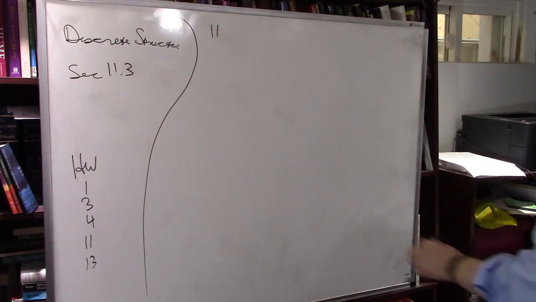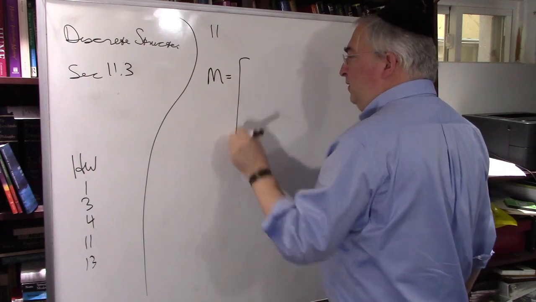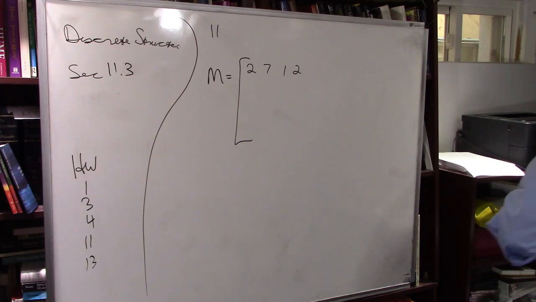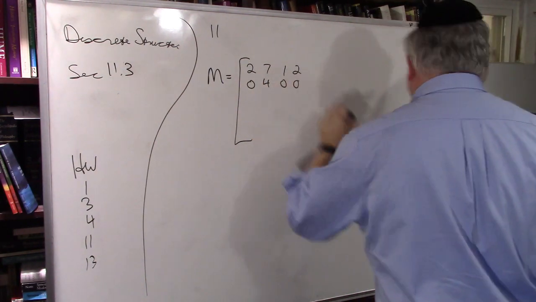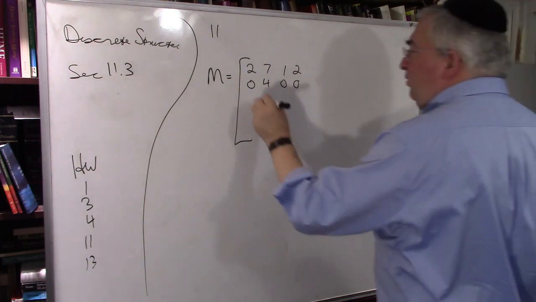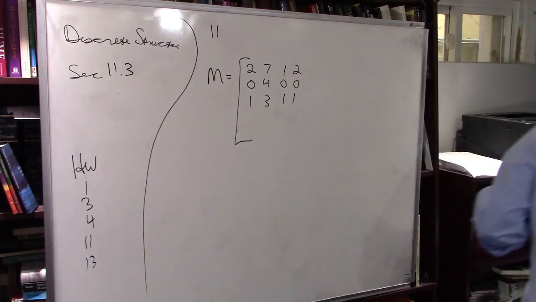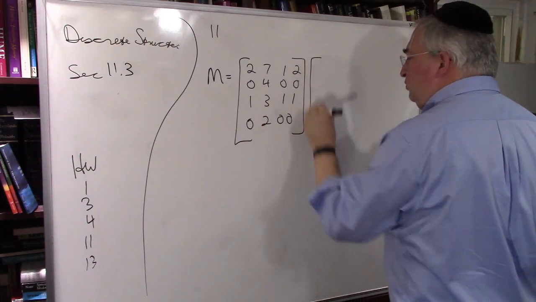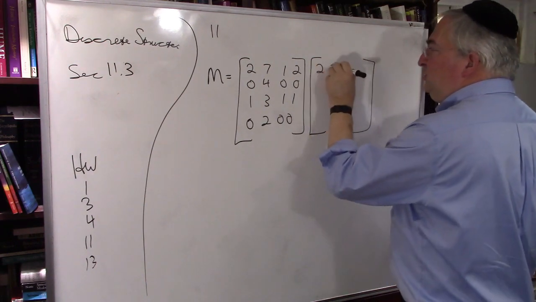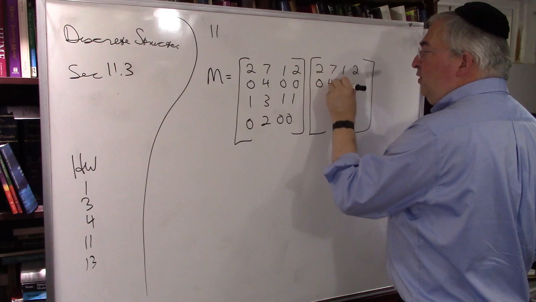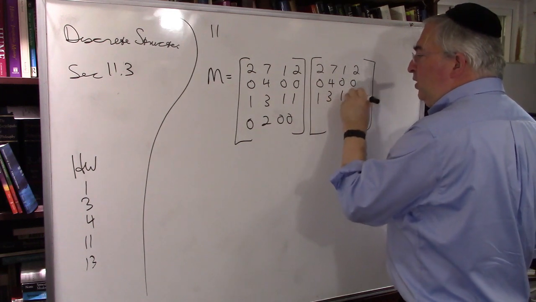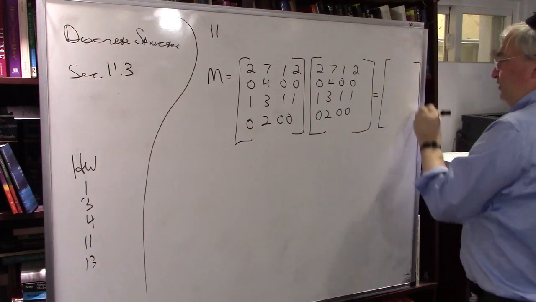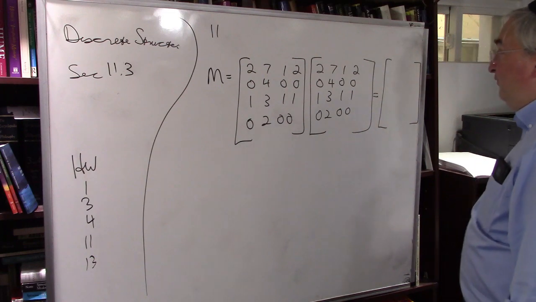M equals 2, 7, 1, 2, 0, 4, 0, 0, 1, 3, 1, 1, 0, 2, 0, 0. I'm going to do 2 of those. We're going to get out a 4 by 4 matrix.